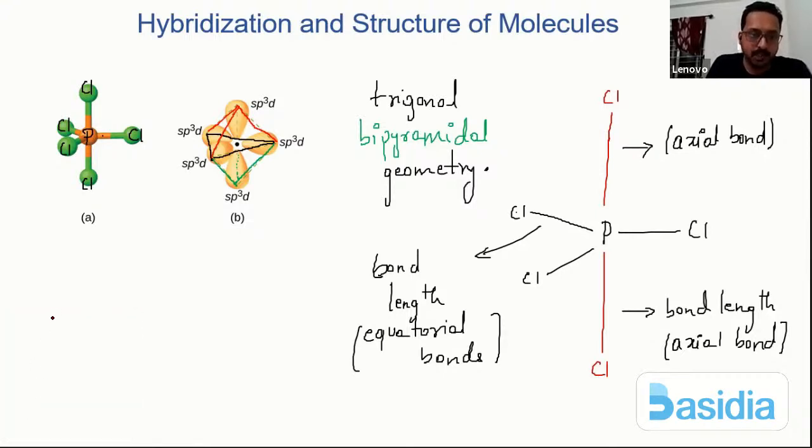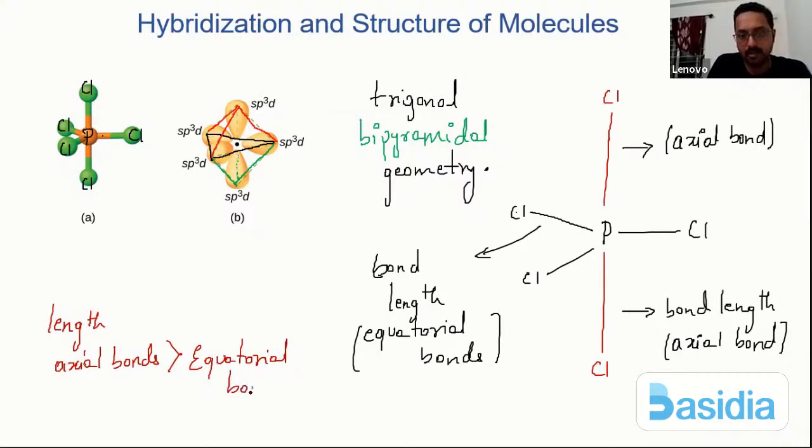And what I do understand here is, when it comes to the length, I clearly understand that my axial bonds are longer than what? Longer than the equatorial bonds. Axial bonds are longer than equatorial bonds. So please make a note of it. Okay, so if I have to write it in terms of picometer, normally axial bonds are how much?